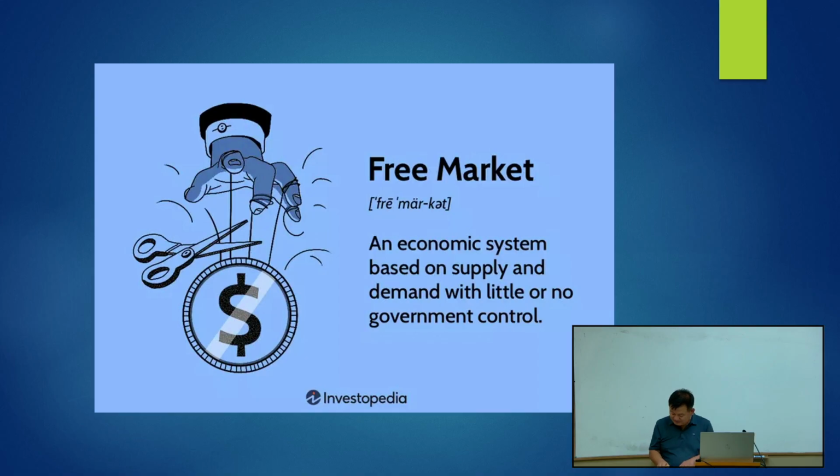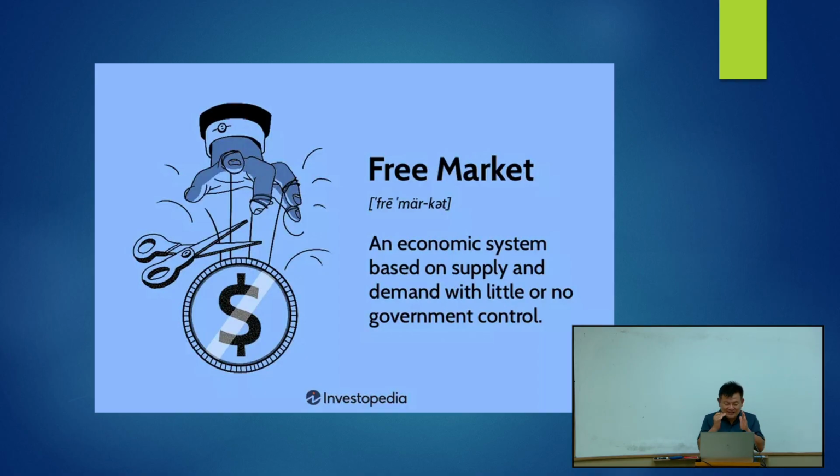And what is next? The free market is an economic system based on supply and demand, with little or no government control. This is the free market definition. One of the central principles of the free market is the concept of voluntary exchange, which is defined as any transaction in which two parties freely trade goods or services.